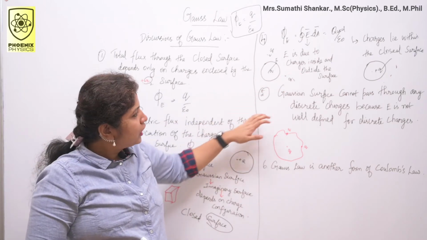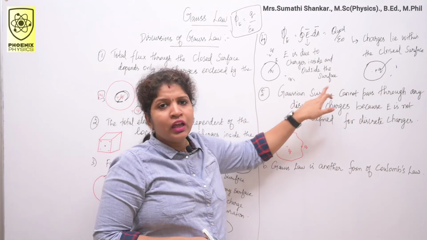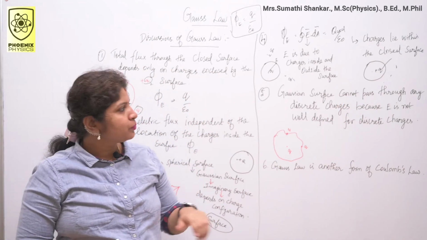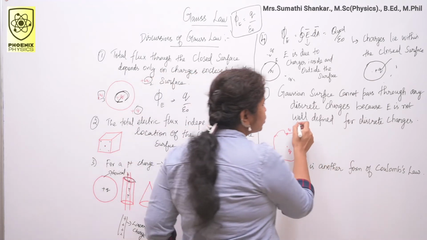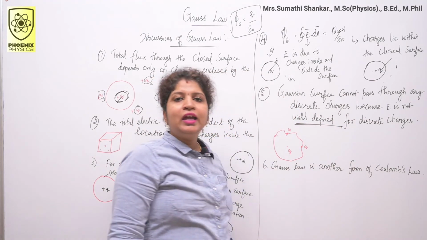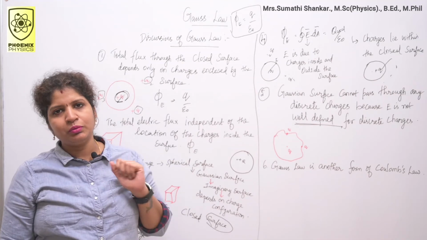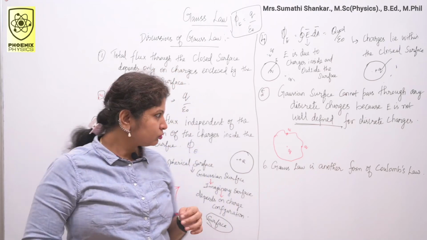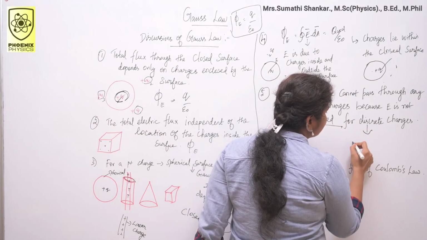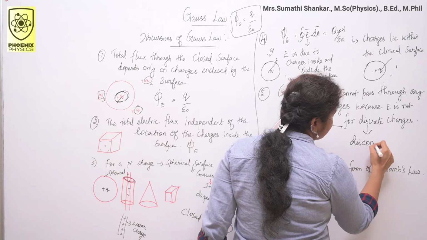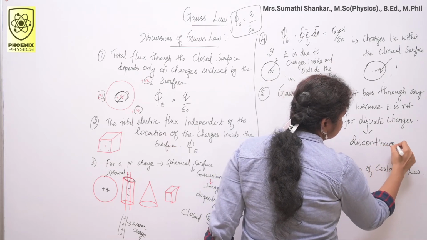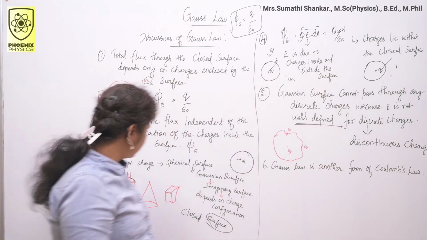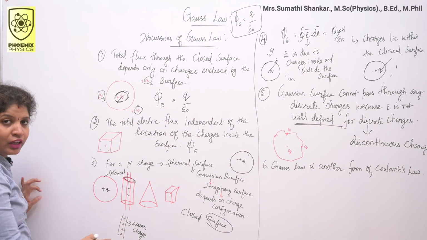Then the fifth point: a Gaussian surface cannot pass through any discrete charges, because E is not well defined for discrete charges. What is the meaning? Now tell me, what is a discrete charge? Discrete charge means discontinuous charges. Continuous means like this, continuous charges.